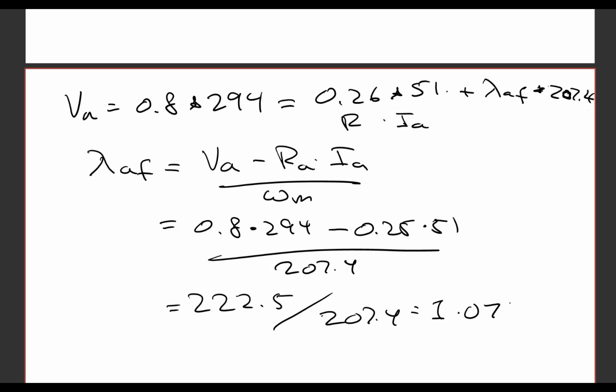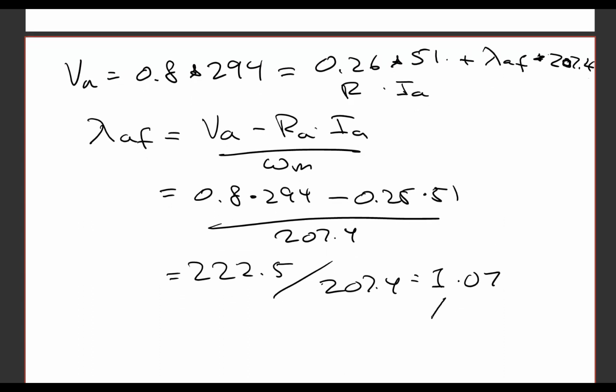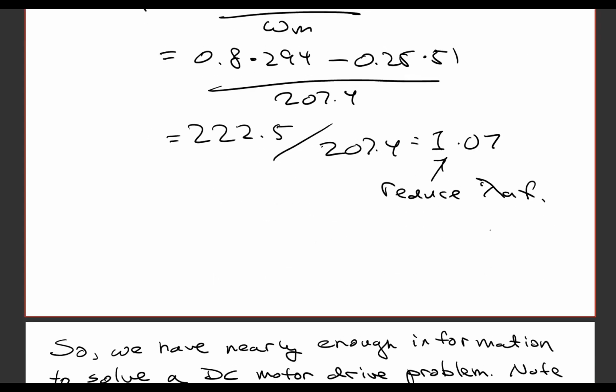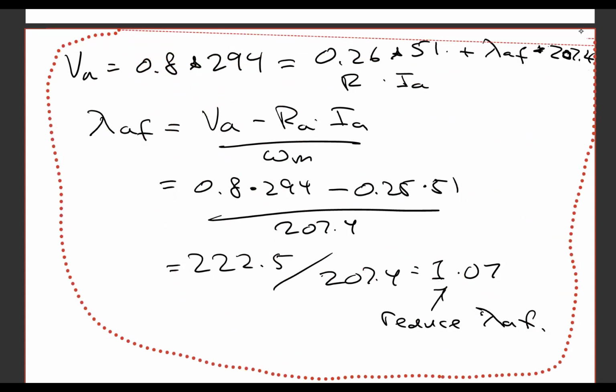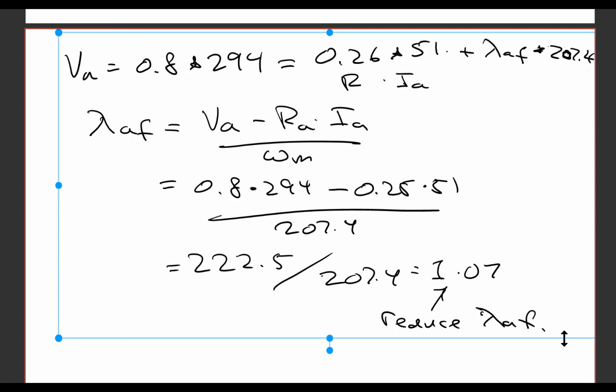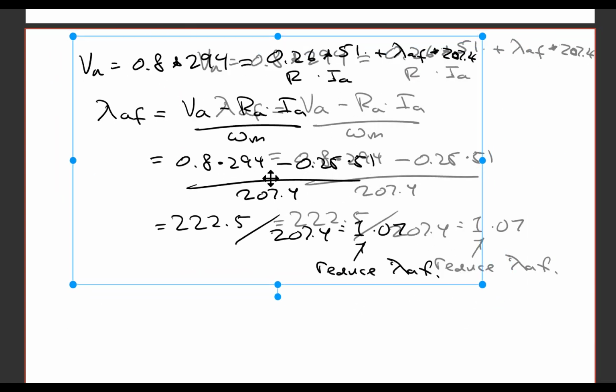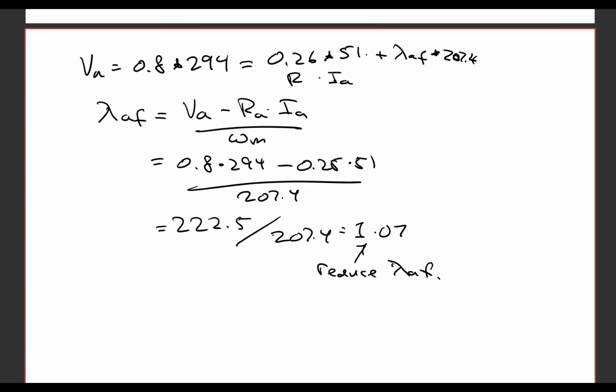Now I had a lambda A F of 1.5. So this says that I have to reduce lambda A F. Well, it's pretty simple at this point. I had to reduce it by reducing the nominal field. Since I went ahead and did this all the way to the field current, you could probably take some shortcuts, but let's just do that.